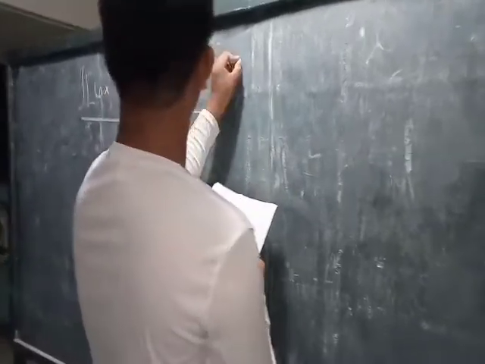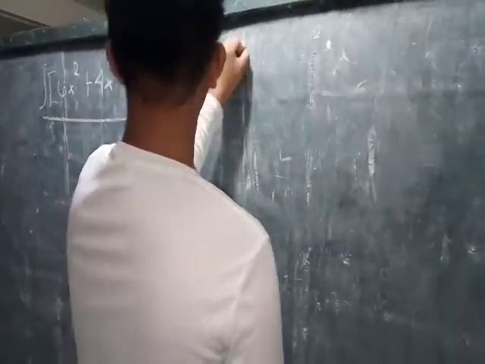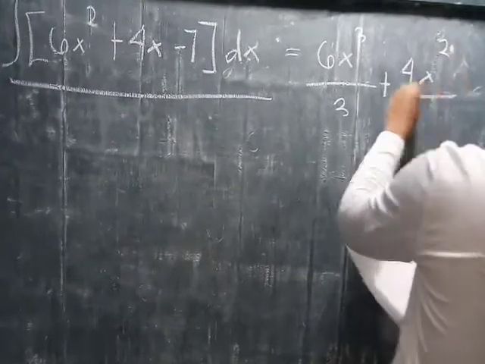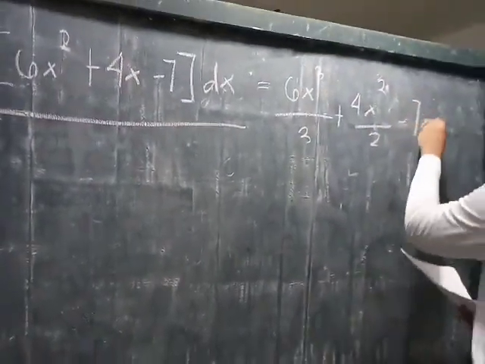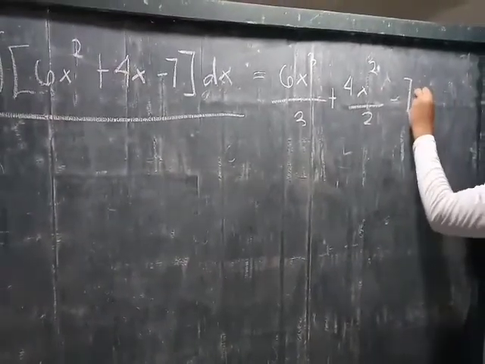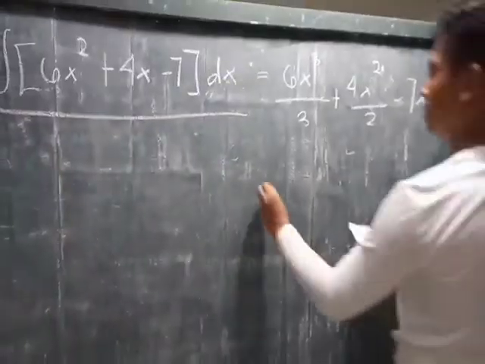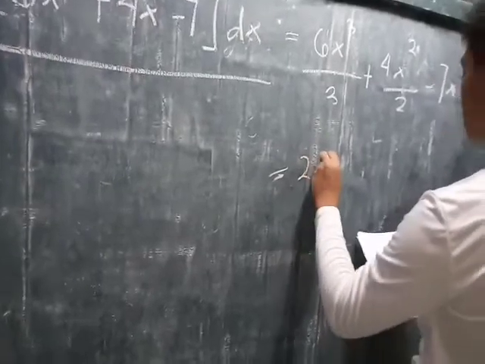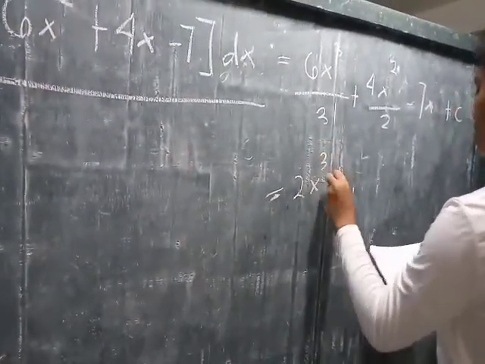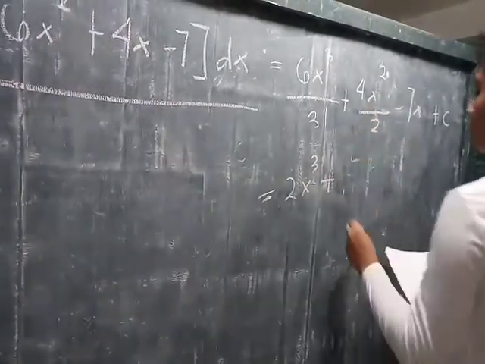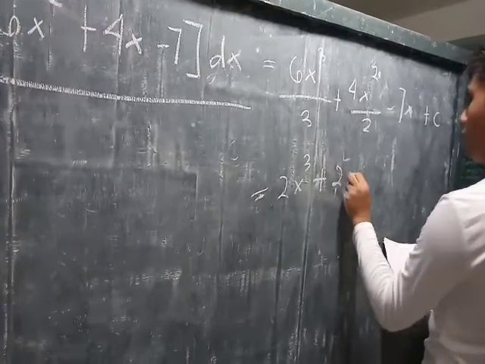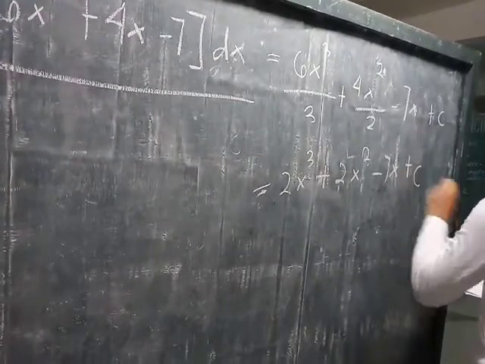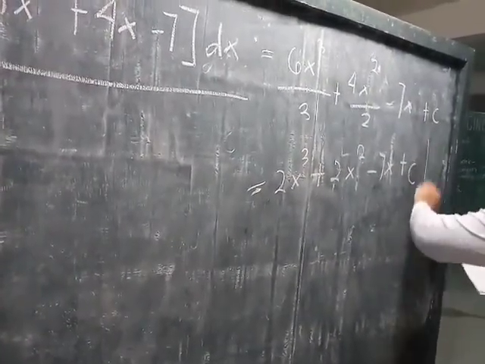So it's going to be 6x cubed over 3 plus 4x squared over 2 minus 7x plus c. 6 divided by 3 is 2, so 2x cubed plus 4 divided by 2 is 2 times x squared minus 7x plus c. So this is the answer for this problem.